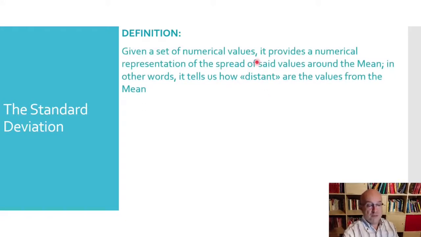So, given a set of numerical values, the standard deviation provides a numerical representation of the spread of said values around the mean. In other words, it tells us how distant the values are from the mean.